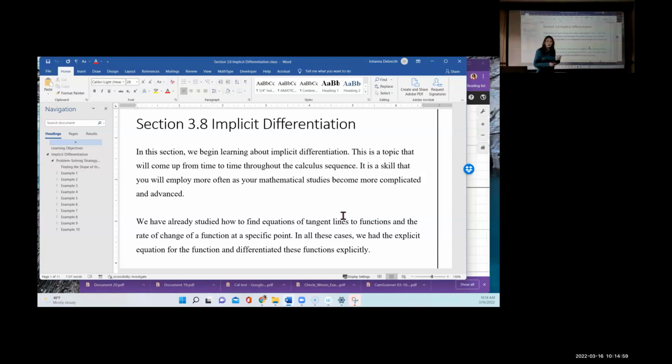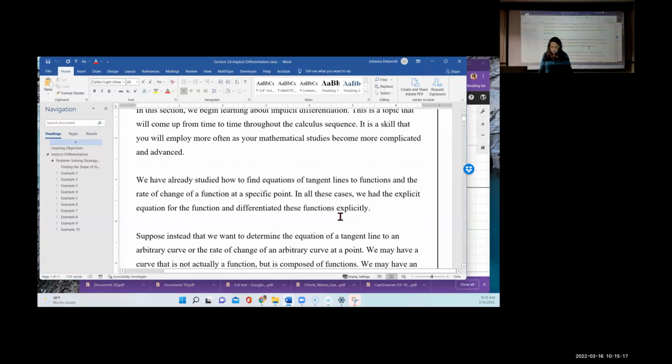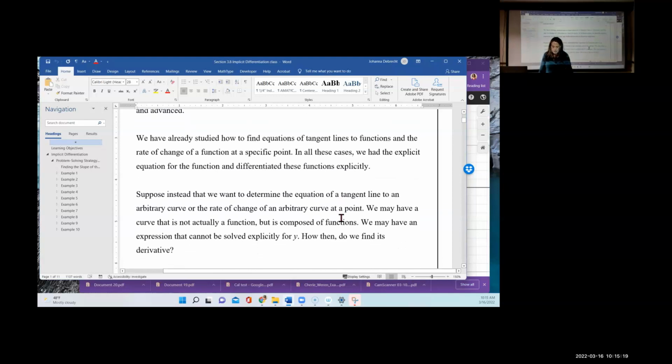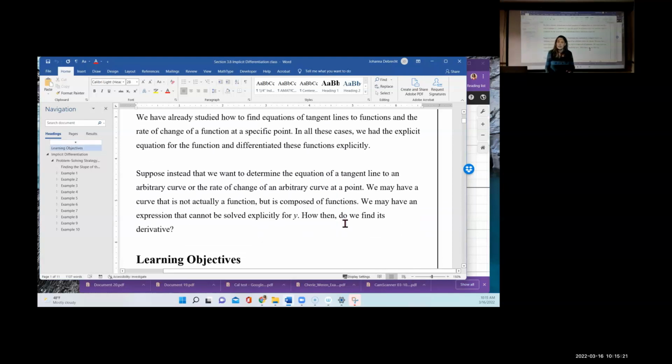It is a skill that tends to show up more and more often the higher up in mathematics you go. However, it's not something that you will use on a daily basis. It's more a once every 3 to 4 weeks basis. It doesn't come up very often, but on occasion you need it. So we've studied how to find equations of tangent lines.